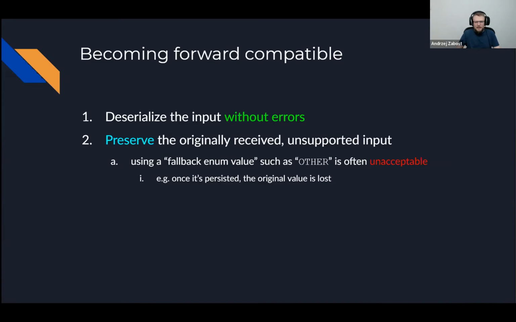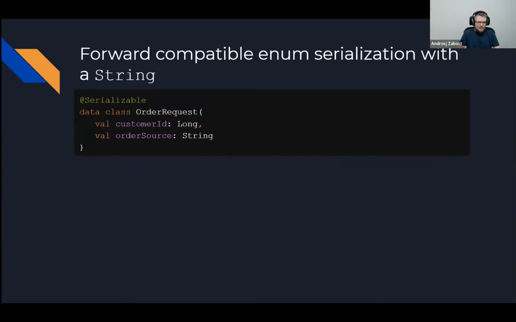Okay, so what else can be done? The simplest solution to this problem is replacing the enum type in our order request class with a string. And it might be good enough sometimes, but the lack of enum makes it much harder to understand the code at first glance.